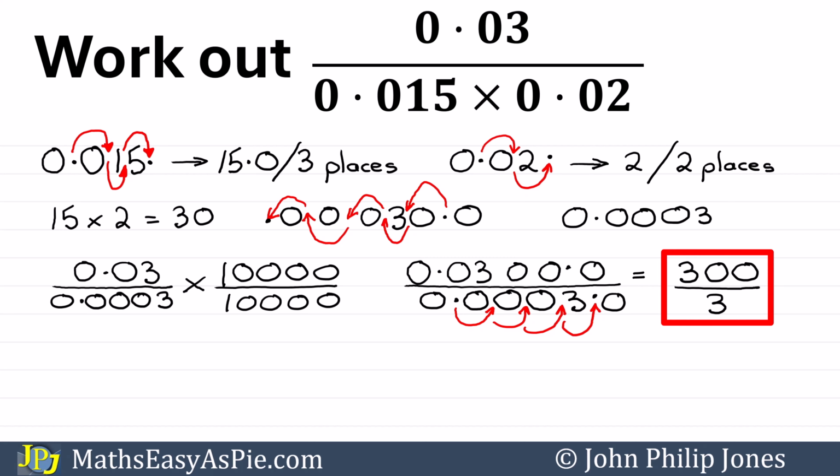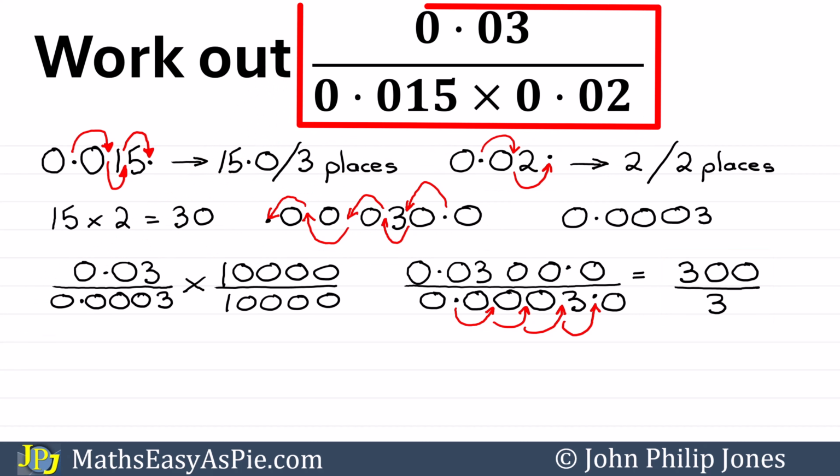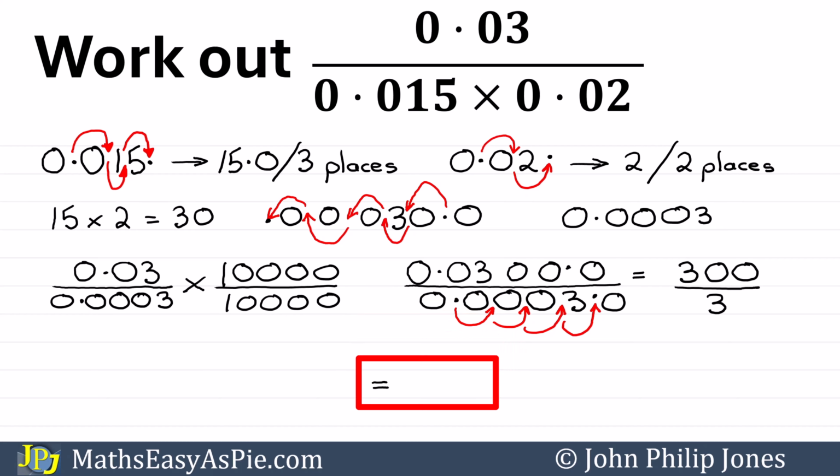Now this is a pretty straightforward calculation because we've no longer got all of those decimal places to worry about. We just have 300 divided by 3, which is 100. So the result of this calculation equals 100.